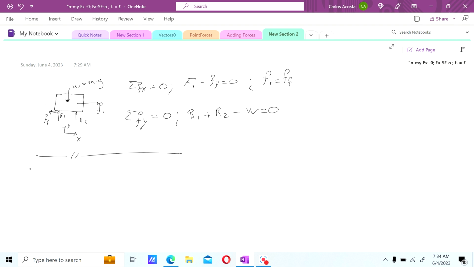For forces, again, if you have a box or a truck or whatever, and you put a force here, in statics, this is the same as having the same box with the same frictions and putting the force here.